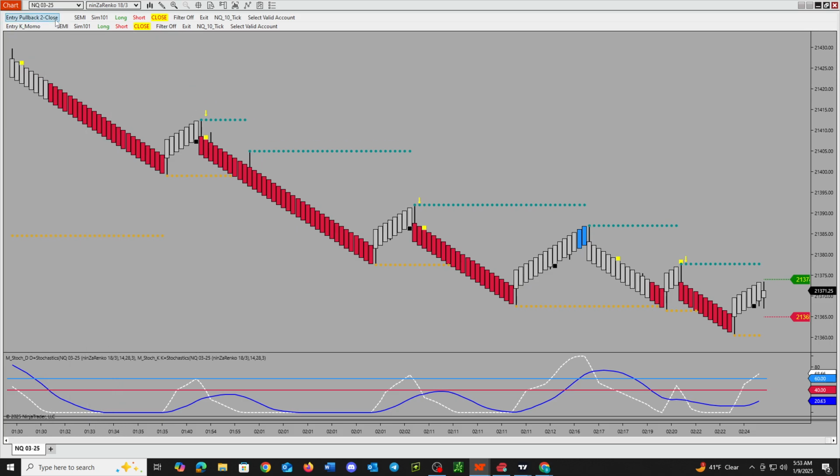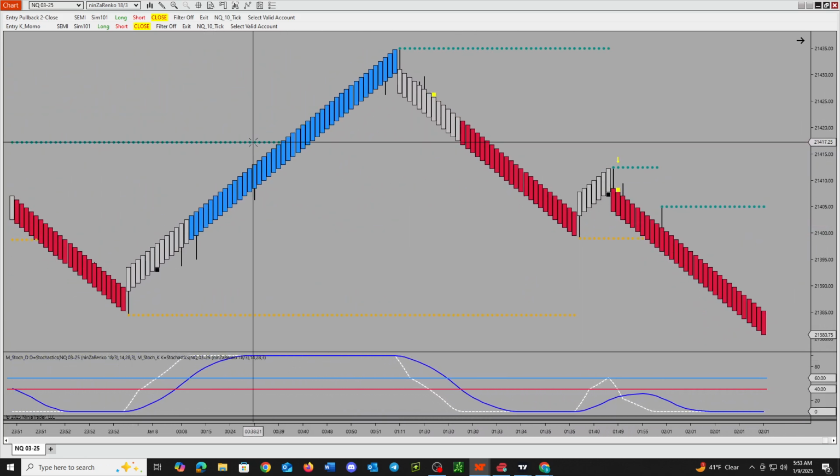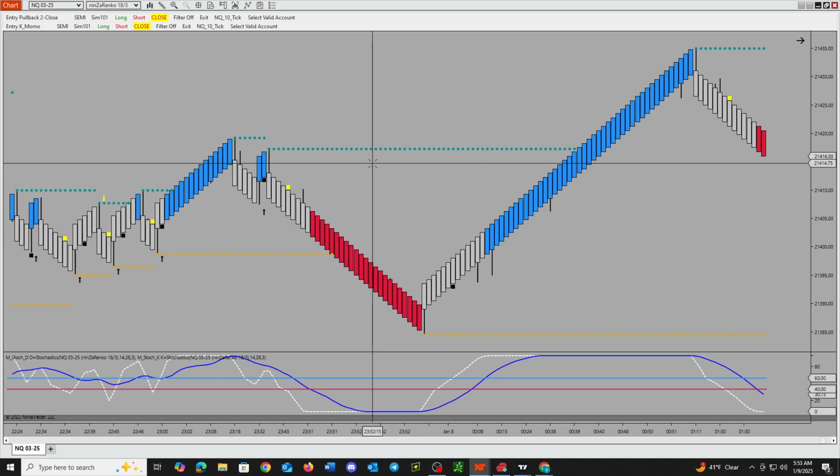So anyway, these are two features that are part of the markers template that I've created for this. Those are the entry modules. Now, other features are the squares, black and yellow, and the arrows, yellow and black.